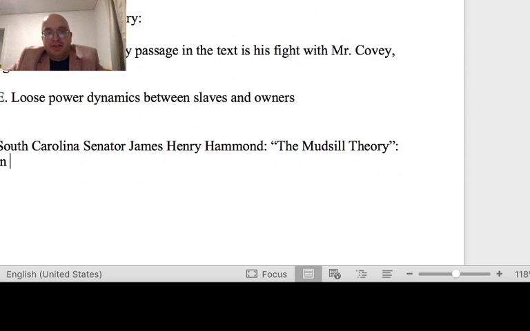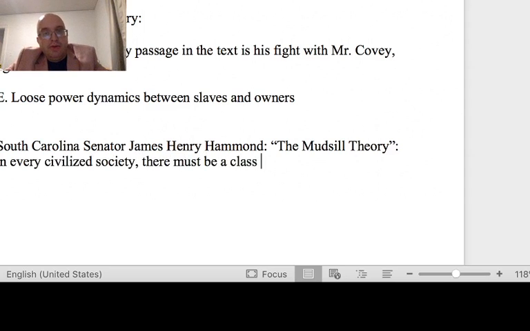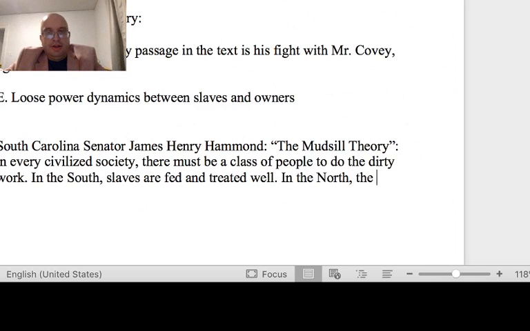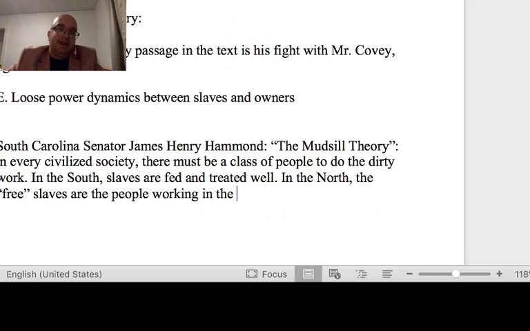And the mudsill theory, he says, in every civilized society, there must be a class of people to do the dirty work. In the South, slaves are, of course he says this, fed and treated well. In the North, the free slaves are the people working in the factories for little wages.